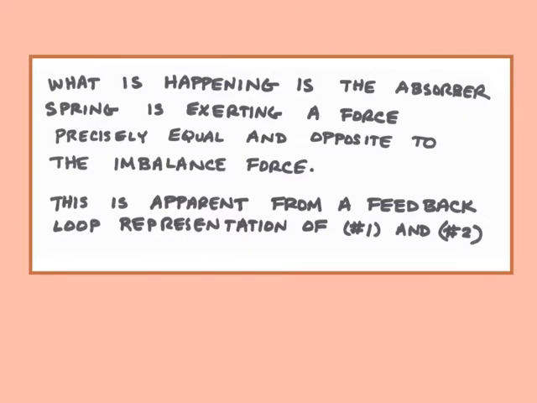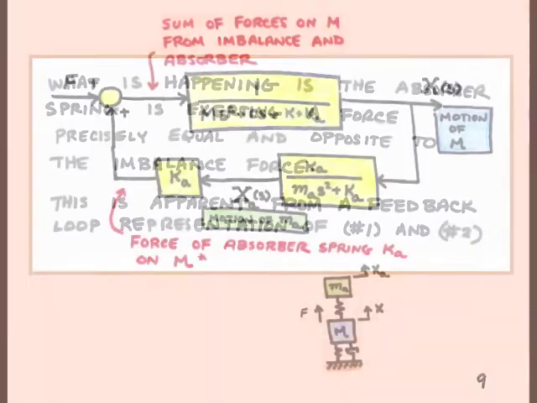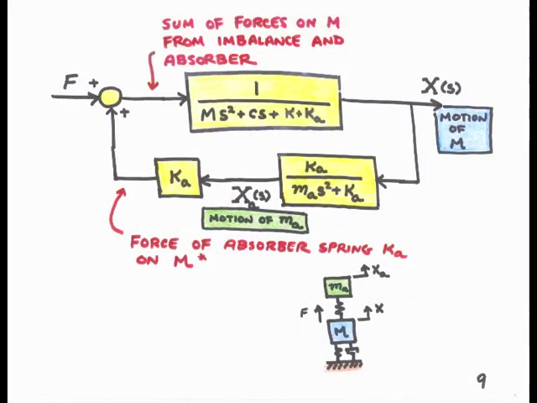One way of looking at this is as a feedback loop, and this is apparent if we look at equations number 1 and number 2 in block diagram form. So here is a block diagram of equations 1 and 2.